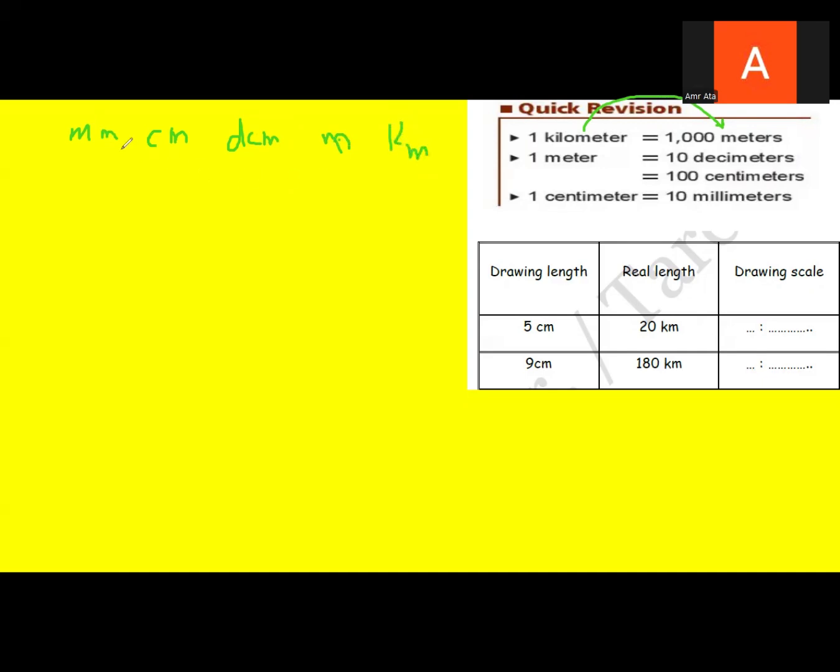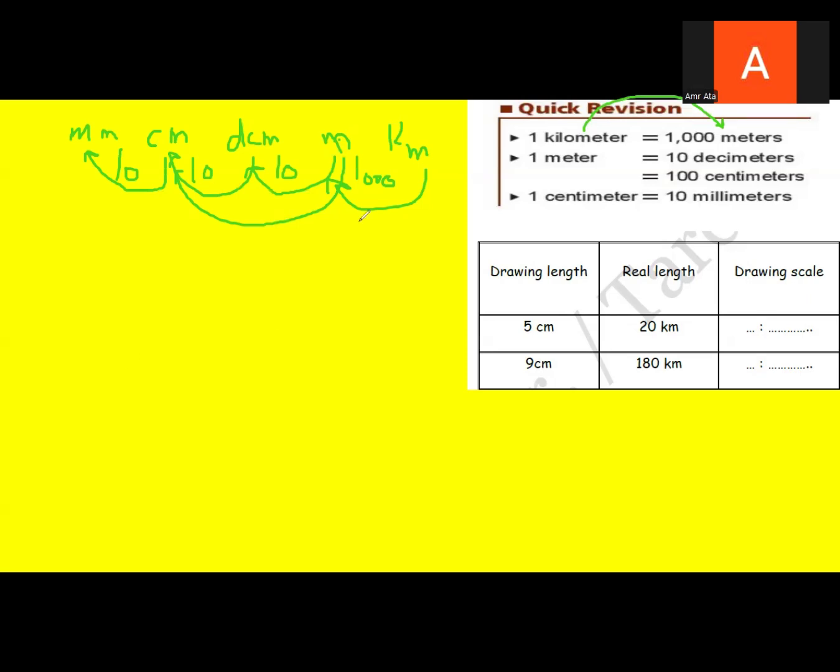Between them 10, 10, 10, 1000. So centimeter equal 10 millimeter, decimeter equal 10 centimeter, meter equal 10 decimeter, or meter equal 100 centimeter, kilometer equal 1000 meter.